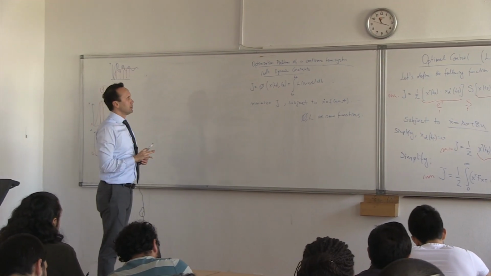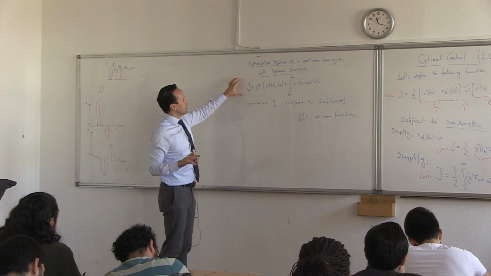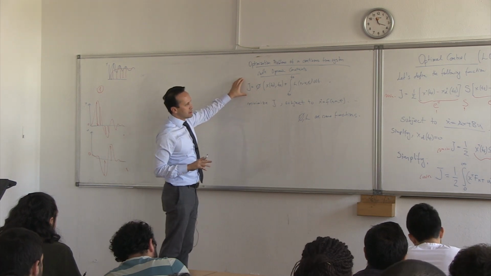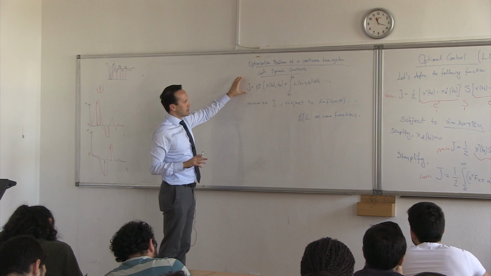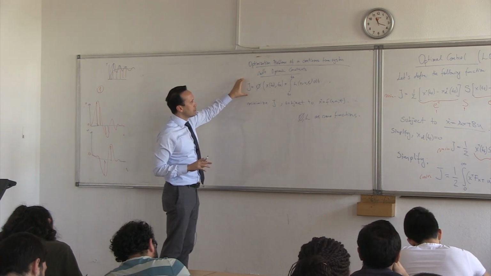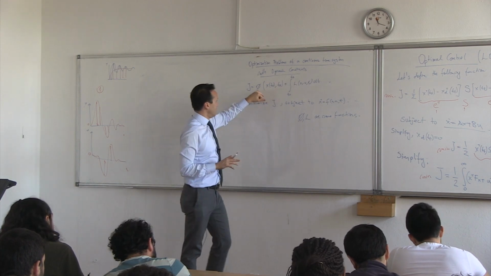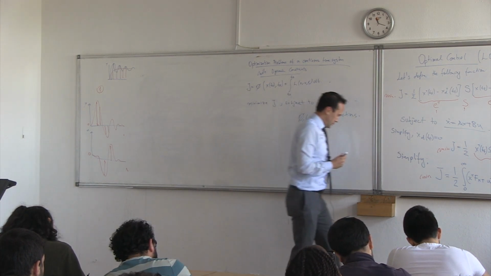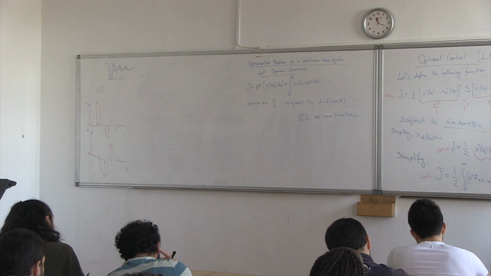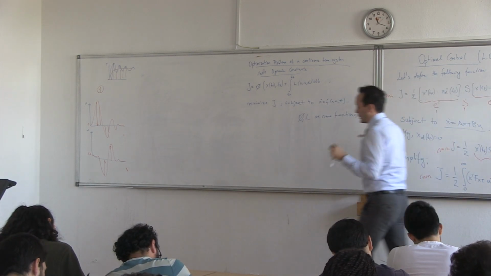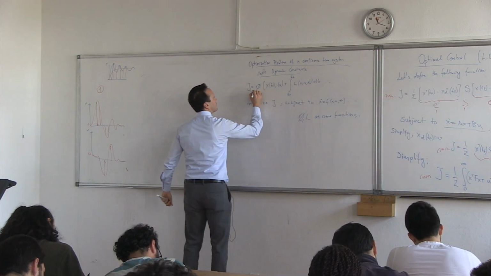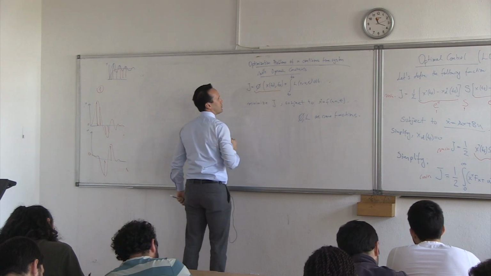All right, so this is the problem. If you look at this, it is a generic form of this one. It's the same thing. Basically, we have a terminal term.